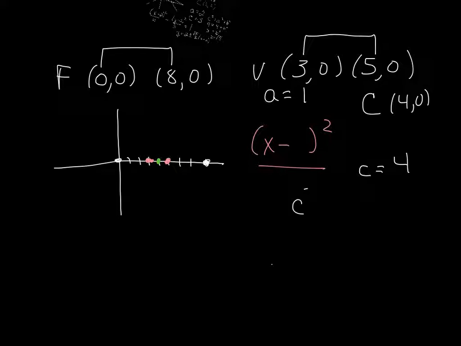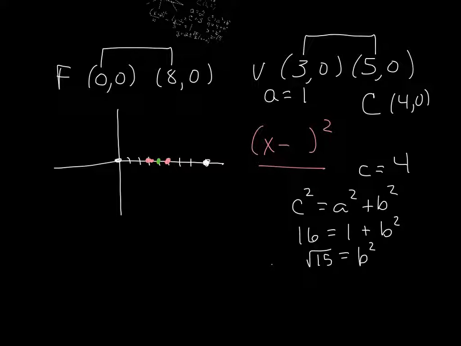So we know C squared equals A squared plus B squared. 16 equals 1 plus B squared, so what's B squared? B squared is 15, and B is the square root of 15, which is almost 4, not quite 4, almost 4.